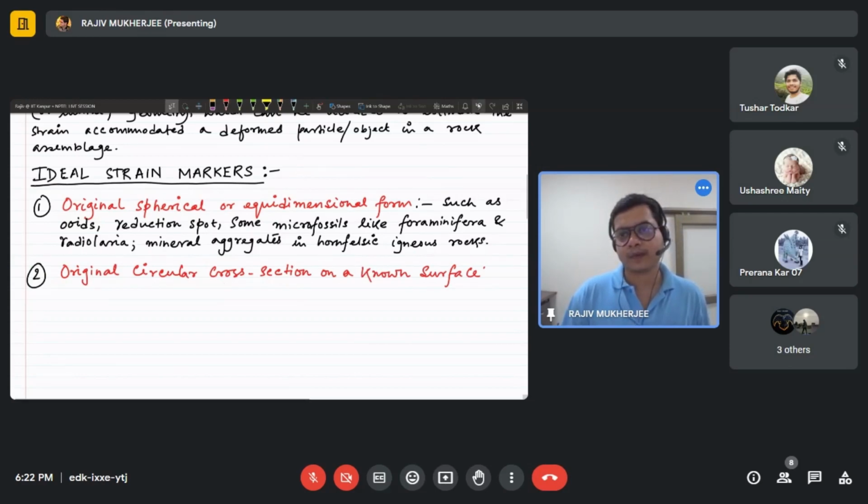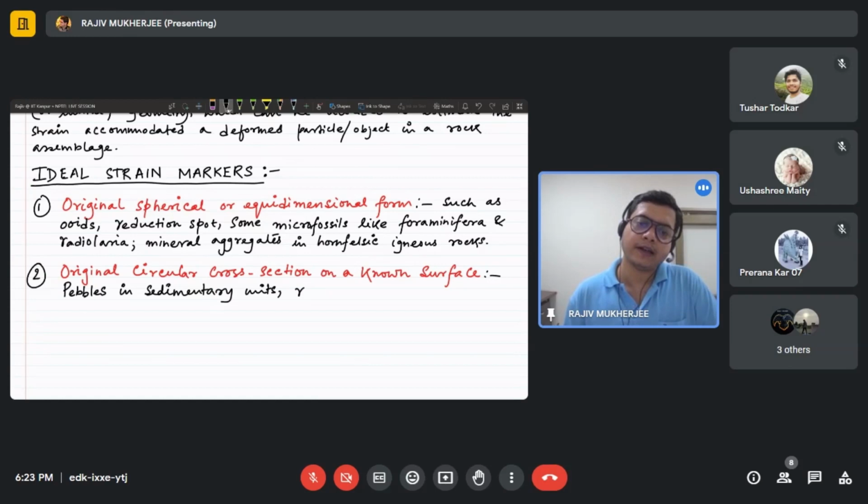Okay, so in this case the ideal example could be pebbles in sedimentary units, then rain imprint structure, also syn-sedimentary deformations like convolutes.